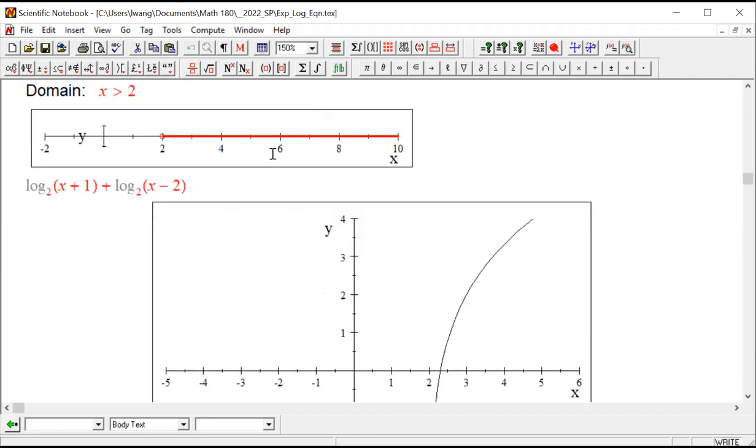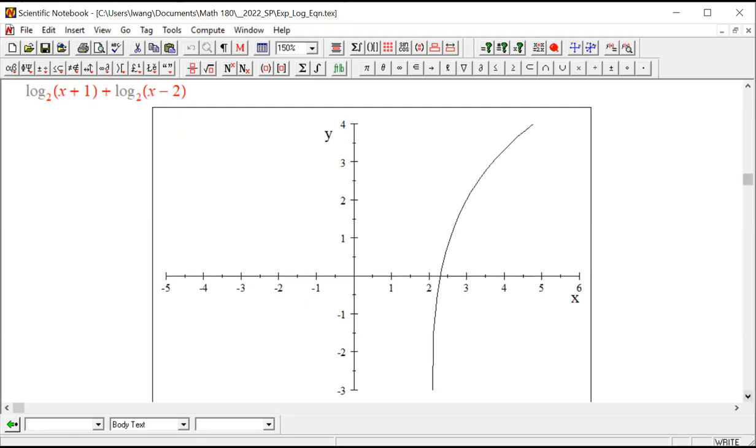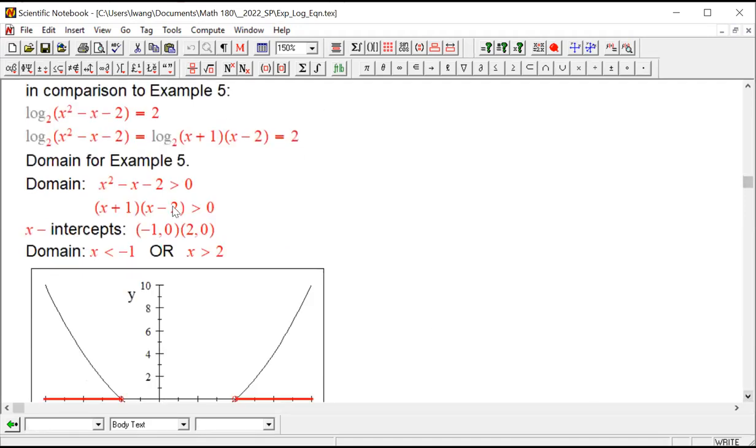But in example number 5, we just need to guarantee the order of operation goes like this.